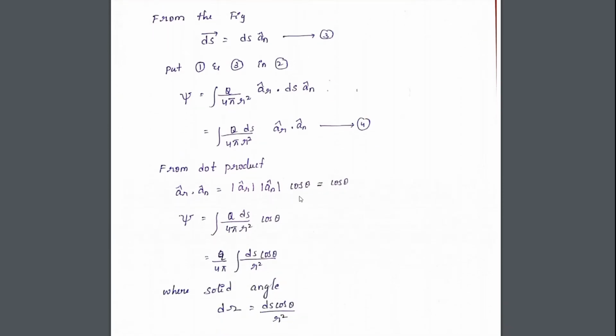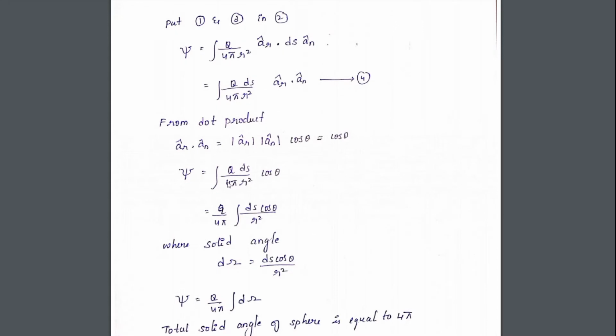And you know the dot product, as I told you in the first class: the dot product of two vectors is the magnitude of the first, magnitude of the second, into cos theta. The magnitude of unit vectors is 1, so AR dot AN will be equal to cos theta here. So in this equation, Q by 4 pi you can remove outside the integral. The remaining term left is ds cos theta by r square.